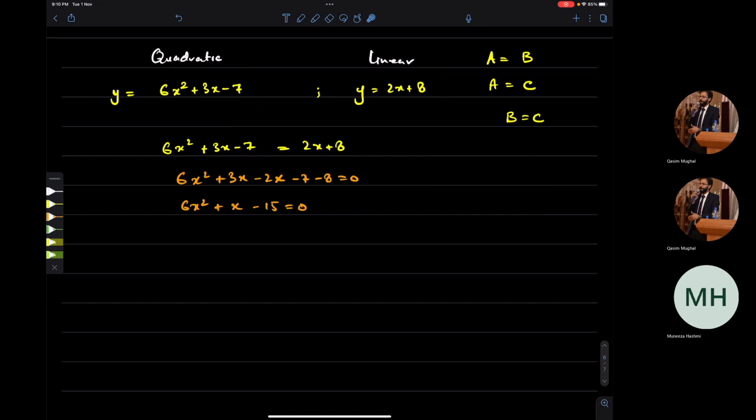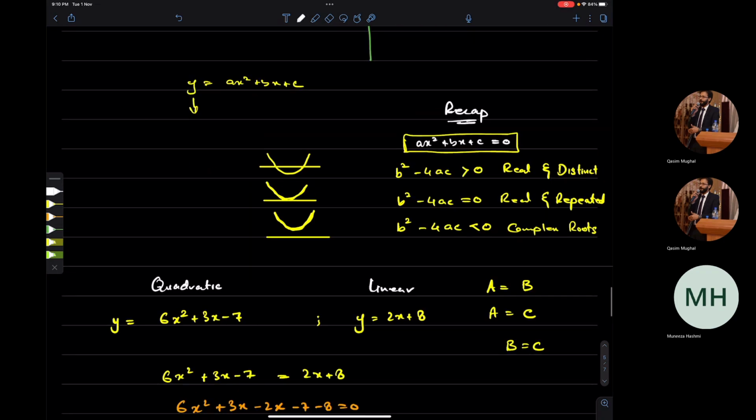All right, now I have reduced both of these into this form. Now you apply the same discriminant concepts here. If b squared minus 4ac is greater than 0, then it means that the linear graph will intersect the quadratic graph at 2 points, just like this one.